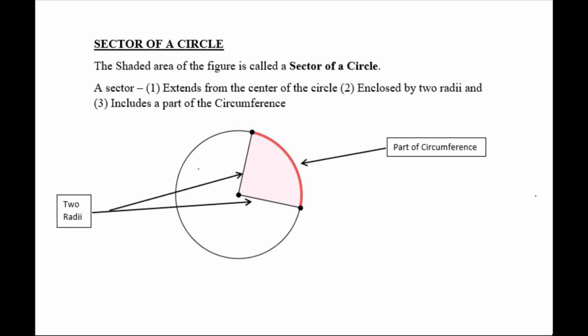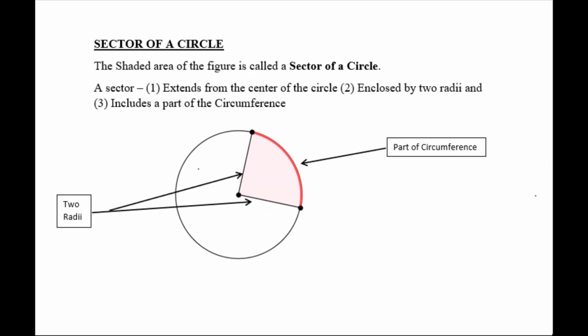That is called a sector of a circle, or in simpler words I would say it's a part of a circle. But for a part of a circle to be considered as a sector of a circle, there should be certain characteristics found in this sector or the part. So those are mentioned here as well.